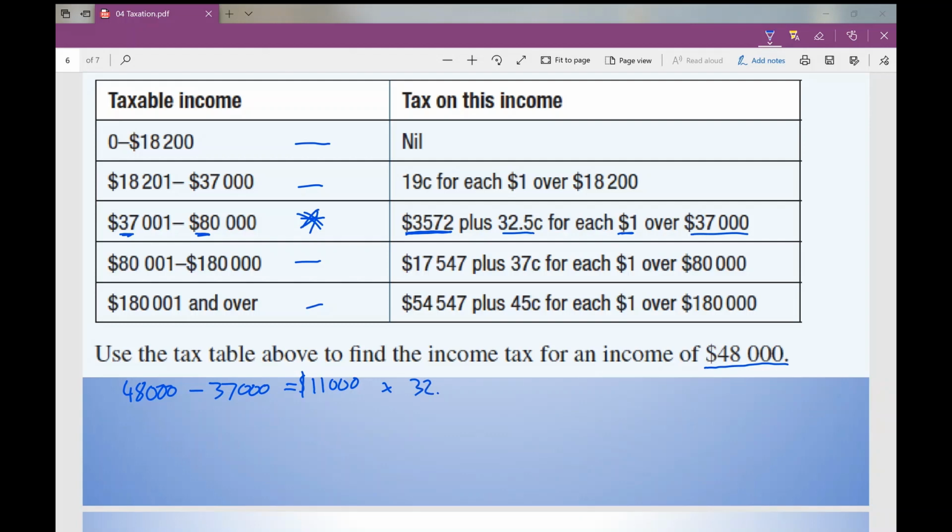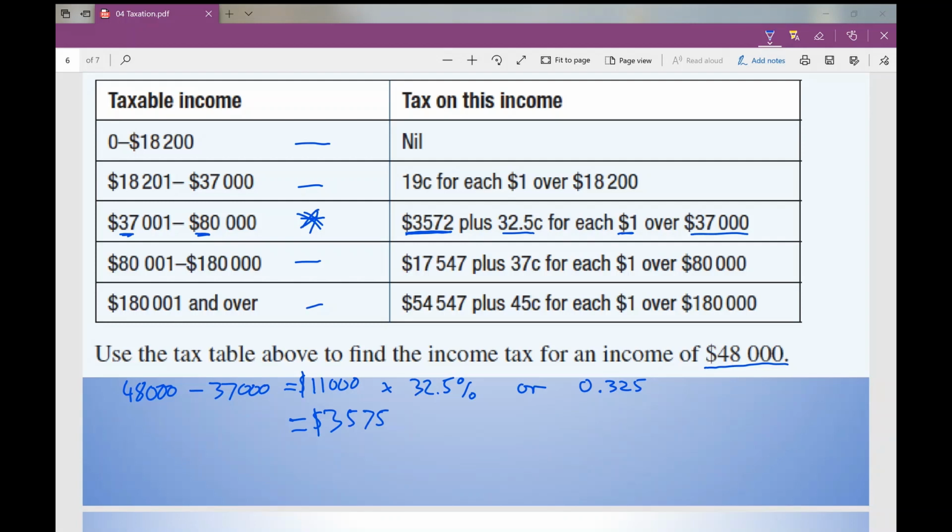We simply times it by 32.5%, or 0.325. And if we put that into our calculator, the result is 3,575. Now, this is not the answer, this is not the total tax paid.